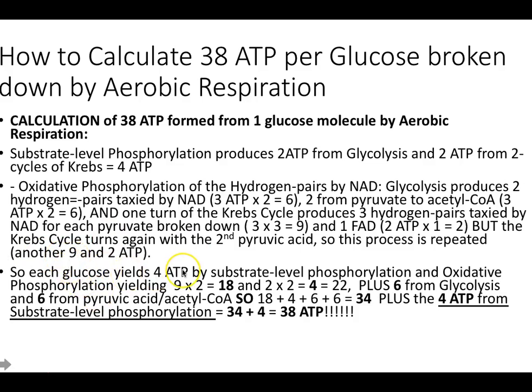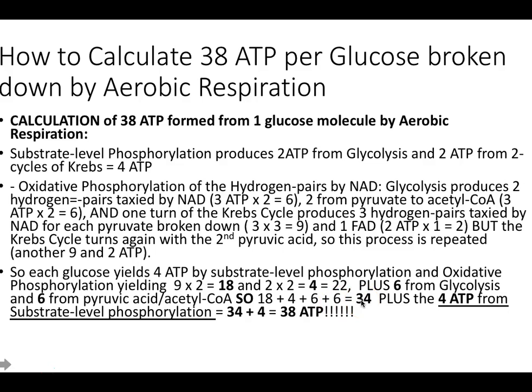So each glucose yields 4 by substrate level phosphorylation, and by oxidative phosphorylation, you get 18, 4, and 6. Okay, I'm sorry, 18 and 4 are 22. You get another 6 from glycolysis and another 6 from pyruvic acid and acetyl-CoA. So now you've got 18 plus 4 plus 6 plus 6 is 34.